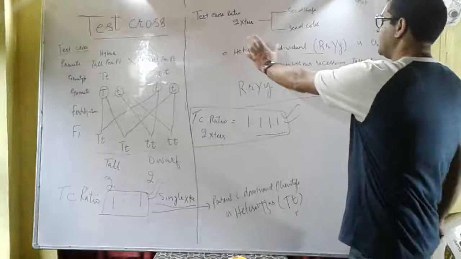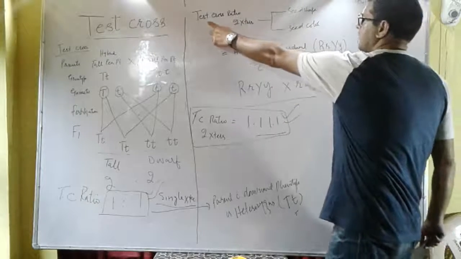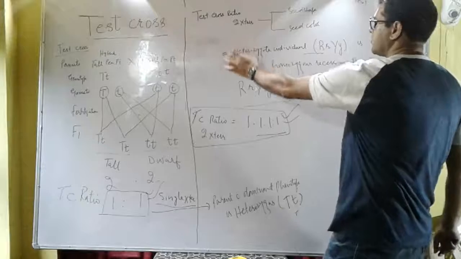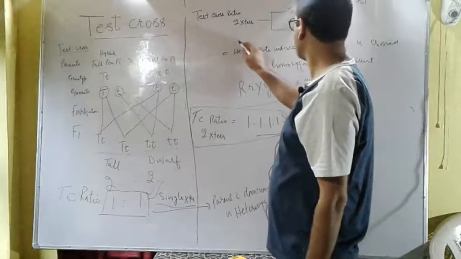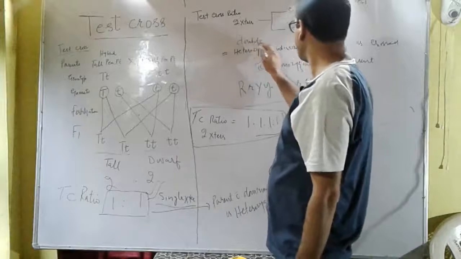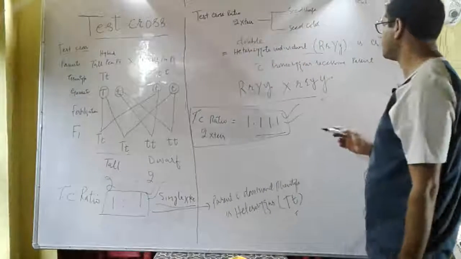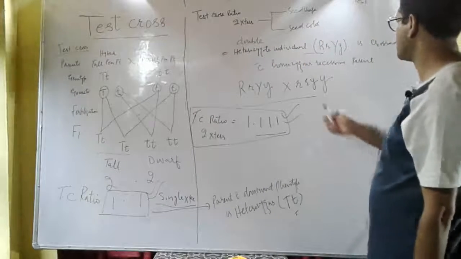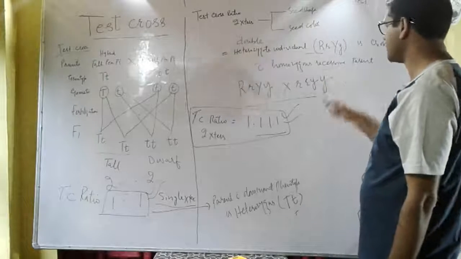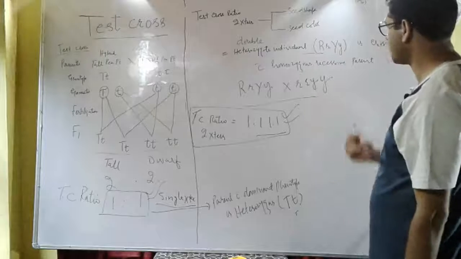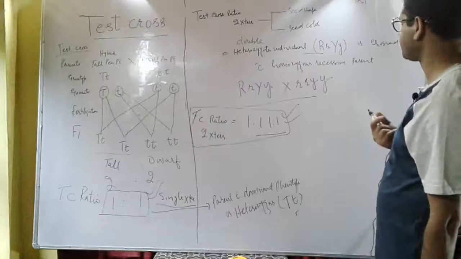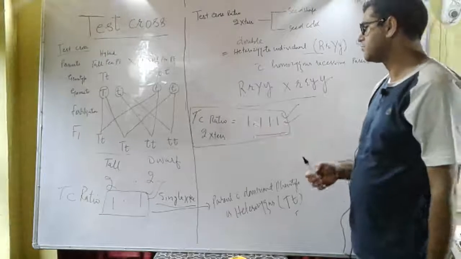That means in case where we have to determine the test cross ratio for two characters, we have to cross a double heterozygote individual with a homozygous recessive parent, and we will get the test cross ratio.